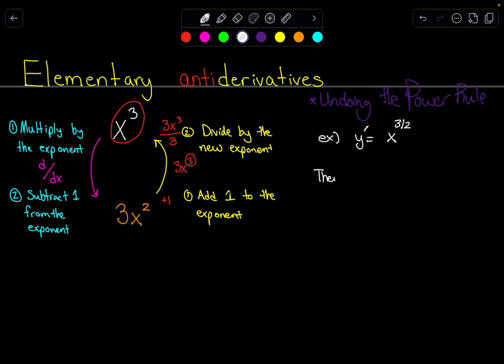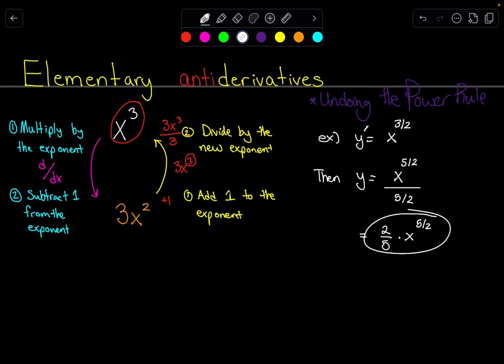Then in order to undo this, y is going to equal, well, the steps are that we add 1 to the exponent, so we're going to have x raised to the 5/2, and then we're going to divide by that new exponent, so divide by 5/2. At this point, we need to remember that dividing by 5/2 is the same thing as multiplying by 2/5. So we get something like this, and that'll do it. We can say that is an antiderivative of x to the 3/2.